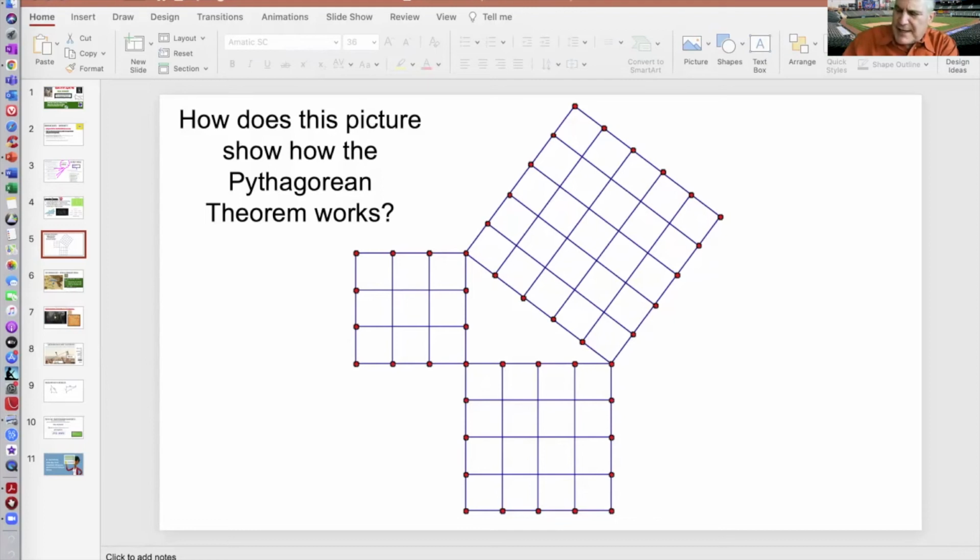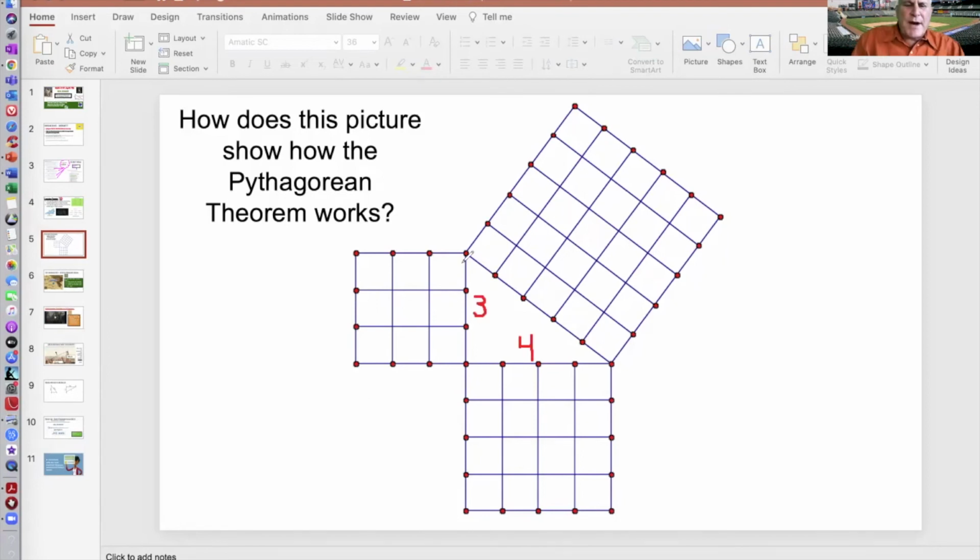Because what I will do is take a question like this, and for the advanced students, I will ask them a higher level synthesis question like, using this particular picture, I want you to derive the Pythagorean theorem. Whereas for the non-proficient, the low-performing students, and those students on IEPs, I will actually guide them through the derivation of the Pythagorean theorem formula as I'm about to demonstrate coming up.